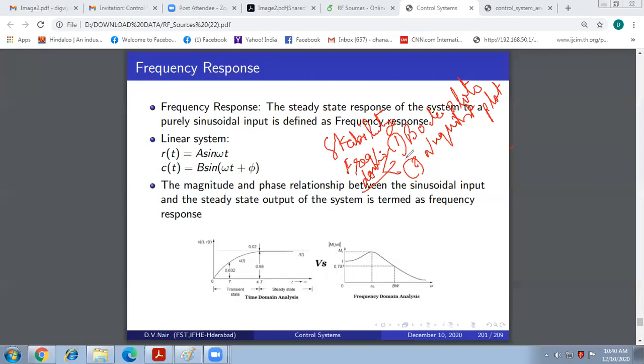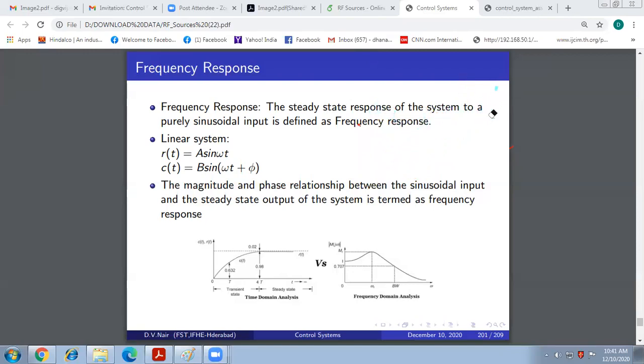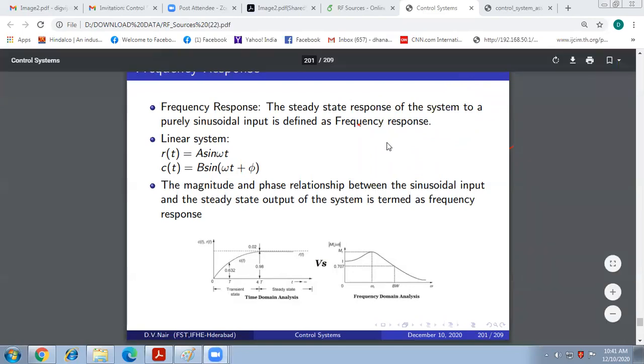So in the frequency domain, these two will be your tools to analyze the stability of a system. The same system can be seen either in the time domain or in the frequency domain or in both the domains, right?